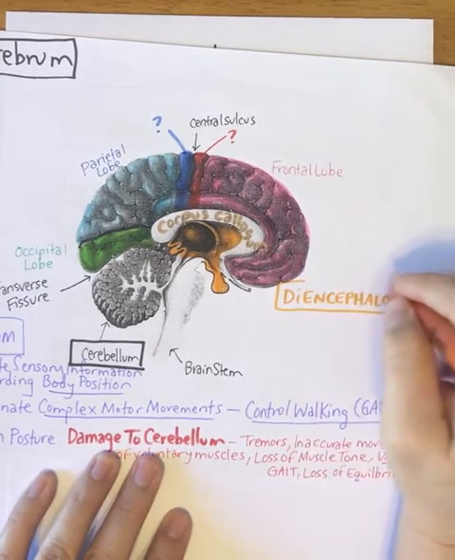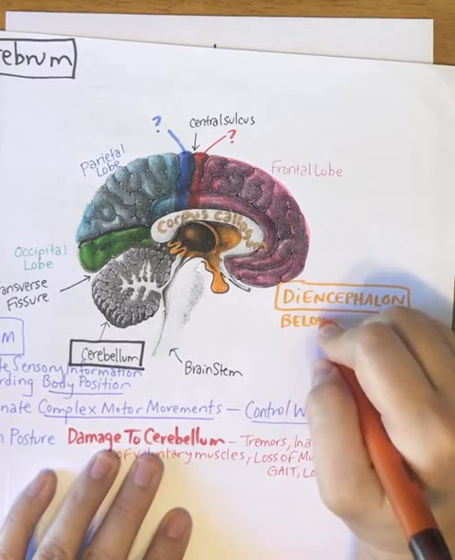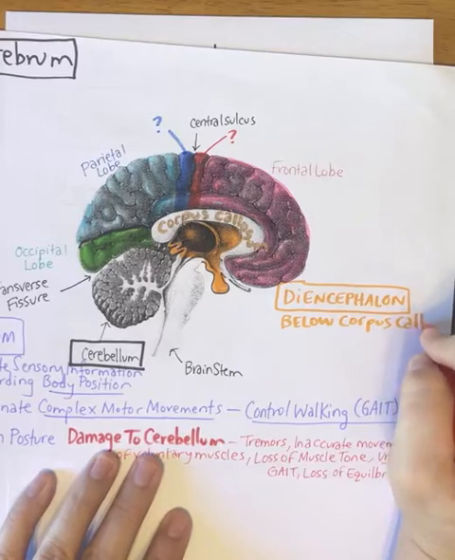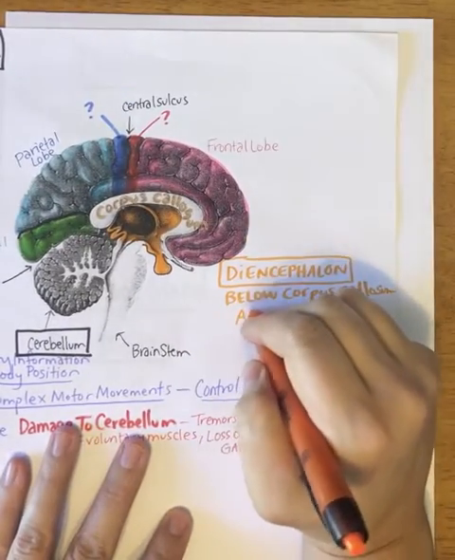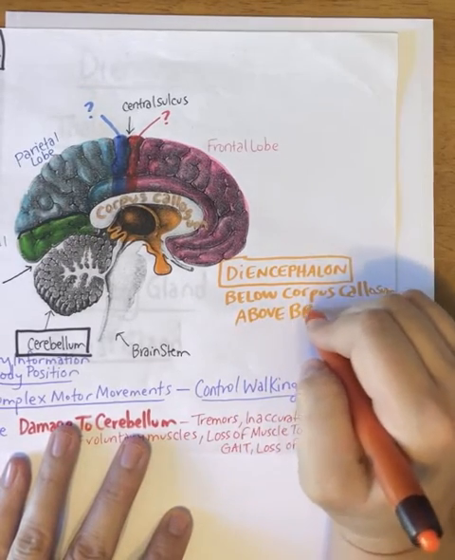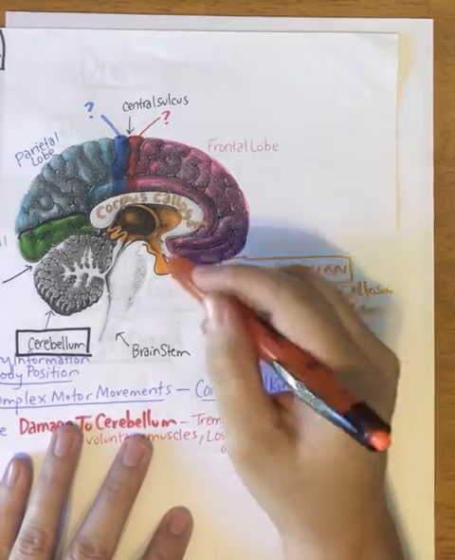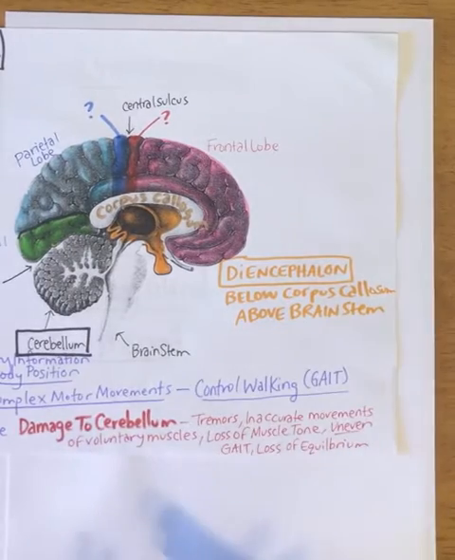It is a division. It is below the corpus callosum, but above the brainstem. Now, there's a lot of structures to cover in the diencephalon. All of that is the diencephalon.